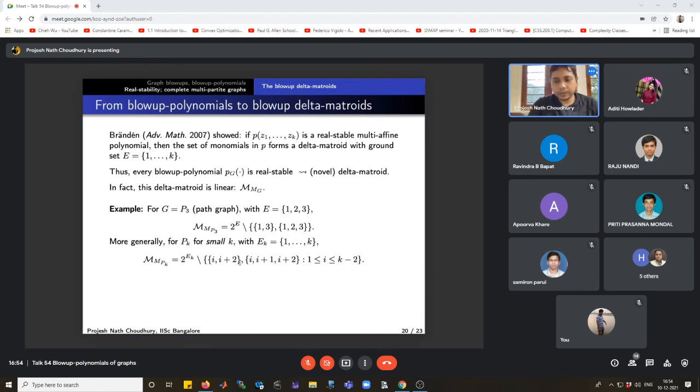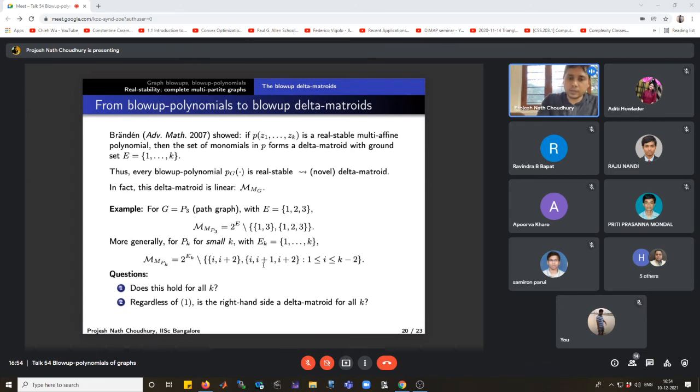Now the question is, does this equality hold for all k? And independent of question 1, is the right hand side a delta matroid for all k? By explicit calculation, one can show that the determinant of the modified distance matrix of the path graph on 9 nodes is 0.